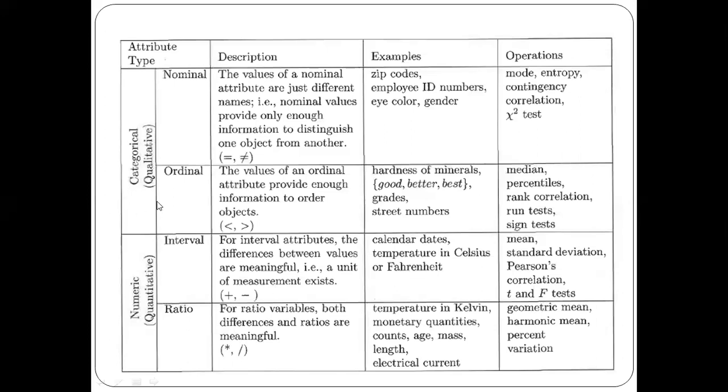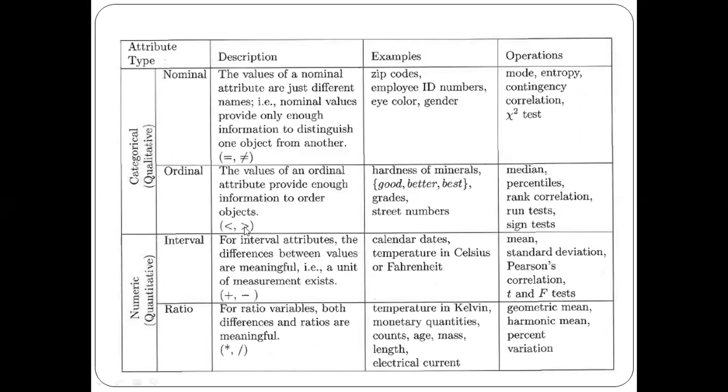So ordinal will have the same properties, along with its own properties and operations, which are satisfied by nominal attributes. In the same way, interval will have, along with its own properties and operations, the properties and operations of ordinal and nominal. So lower level attribute types will inherit the properties of the upper level attribute types here.